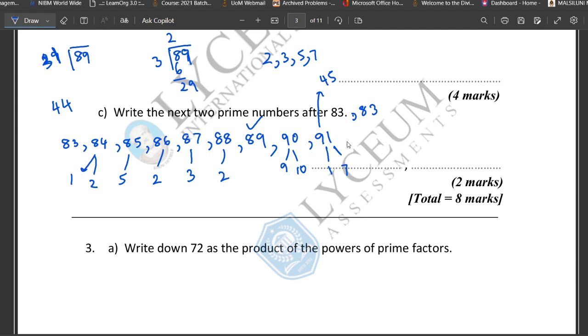So this is not a prime number. 92, not a factor because it's ending with 2. 93 is also not because 3 is a factor. 94 is also not. 95 is also not. 96 is also not. 97.